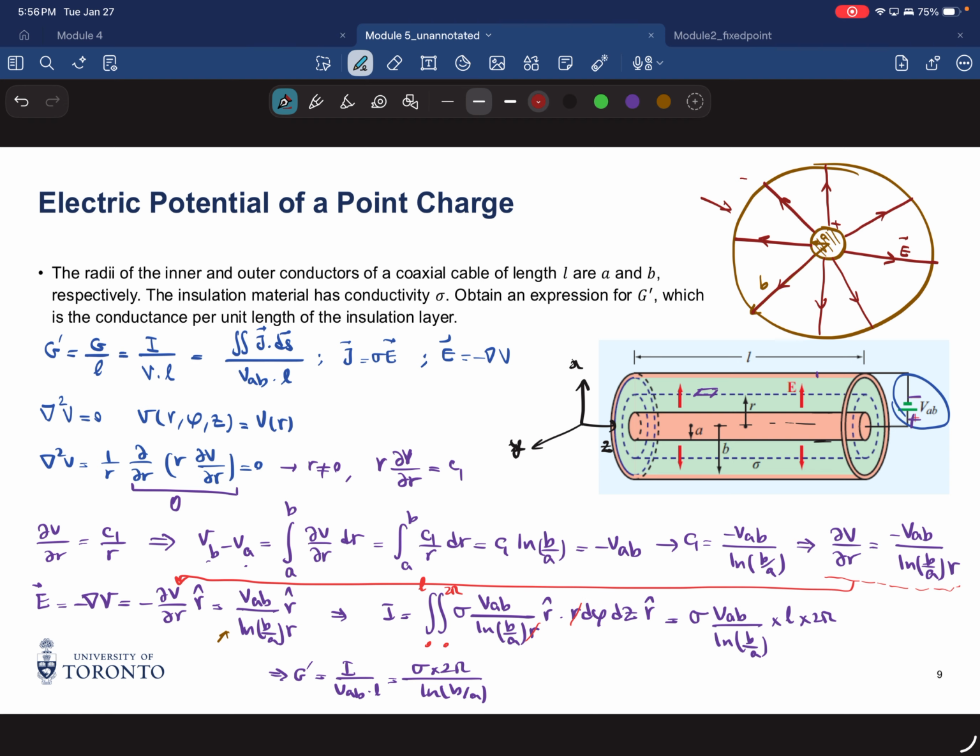Does it show that the electric field intensity is more when radius is smaller? Do this if yes, do this if it's no, so you don't have to talk. Does it show it or no? No? How many people? So he's saying yes, you're saying no. Other people? Yes? No?